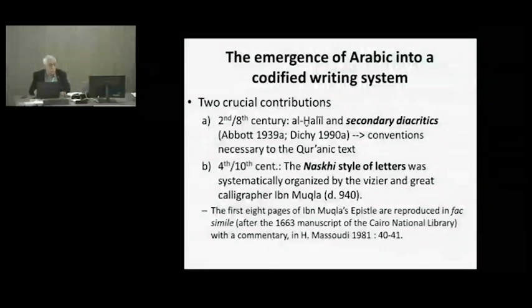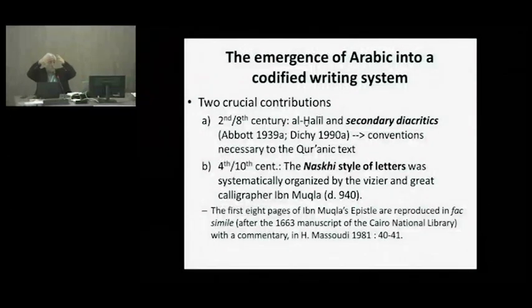In the 4th century, and this is what this presentation will be about, the Naskhi style of letters was organized systematically. Maybe we will need to put quotes around systematically. It was organized by the vizier and great calligrapher Ibn Muqla, who died around 940.